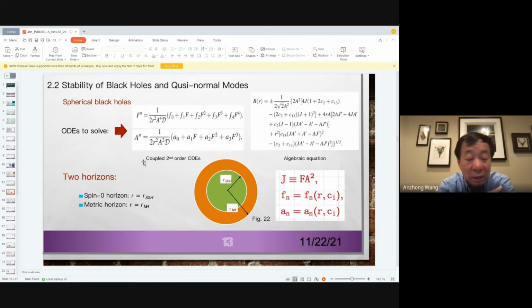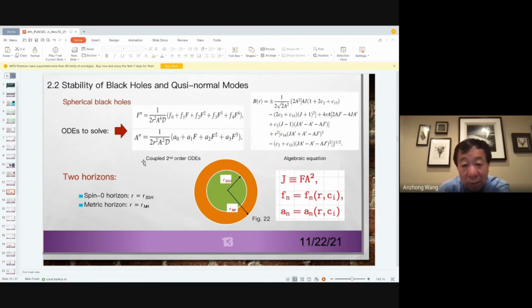So the spin 0 horizon should be the inner boundary of the black hole instead of the metric horizon. The metric horizon is defined by the speed of light. Because the spin 0 graviton has a velocity greater than the speed of light, the spin 0 horizon defines the inner boundary.